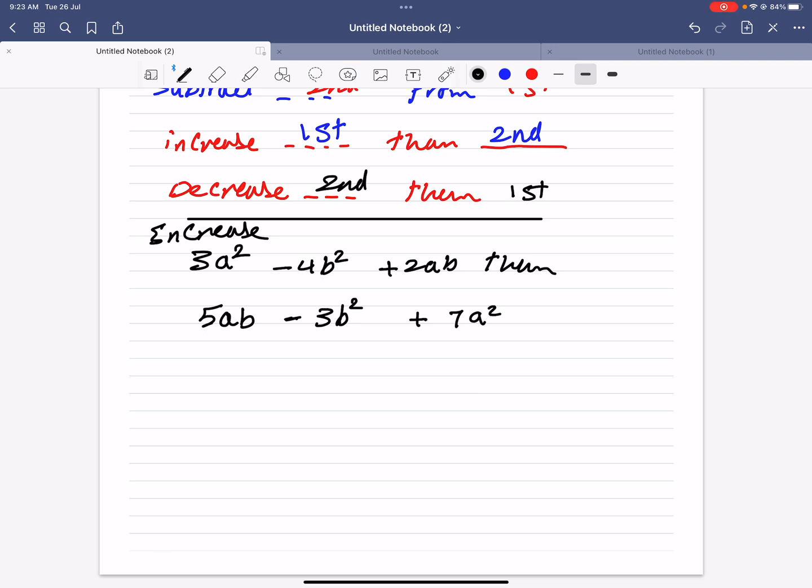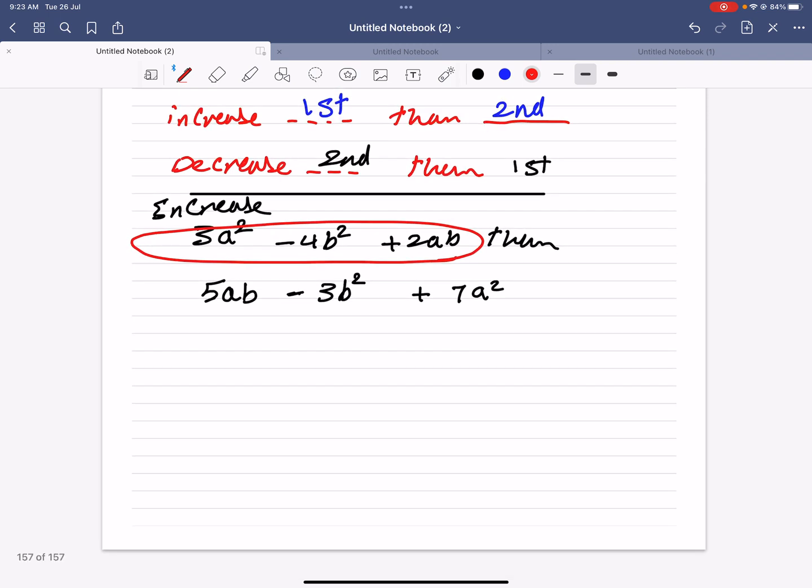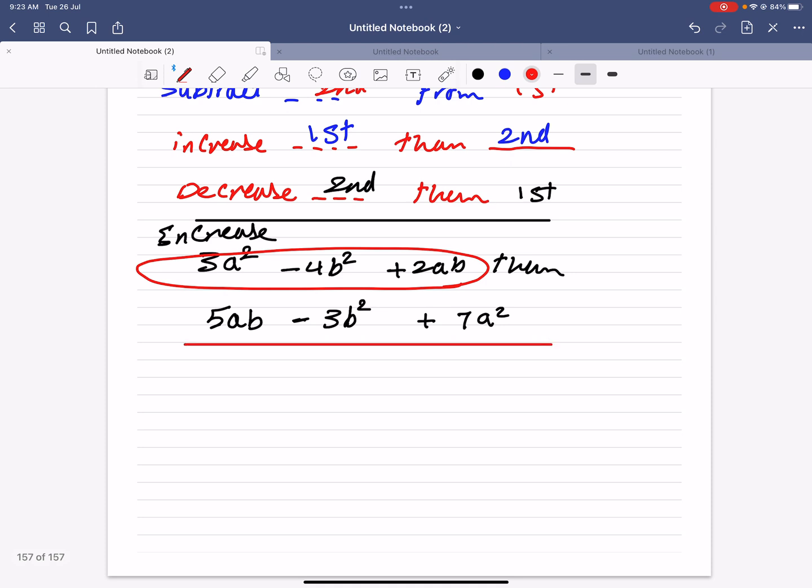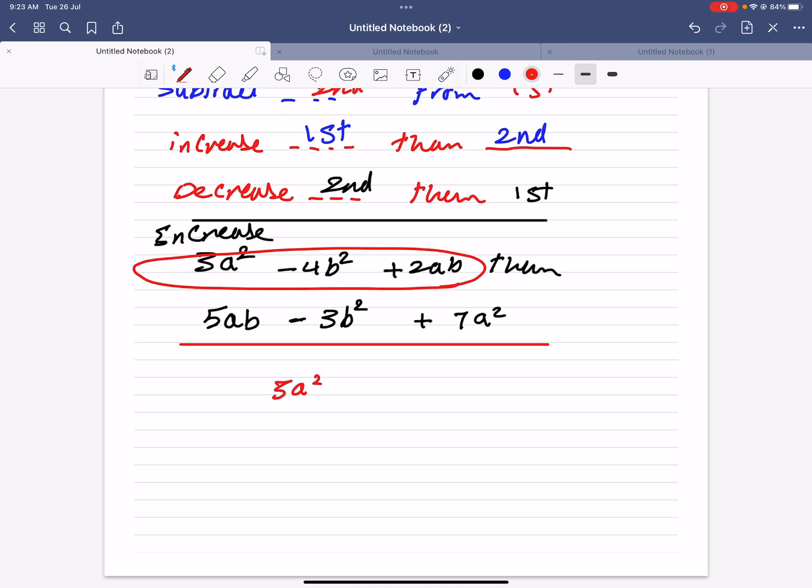طيب زي ما اتفقنا مع بعض ال first algebraic expression that will be the first، ده هيكون الأول، وهنستخدم الطريقة ال vertically، فبالتالي هنسيبها زي ما هي 3a power 2 negative ال 4b power 2 plus ال 2ab مثلا. التاني هنعمل له arrangement نفس الترتيب بتاع ال first algebraic expression بحيث ان يكونوا زي بعض. فبالتالي هنجيب ال 7a power 2 plus 5ab وهنا في negative 3b power 2.